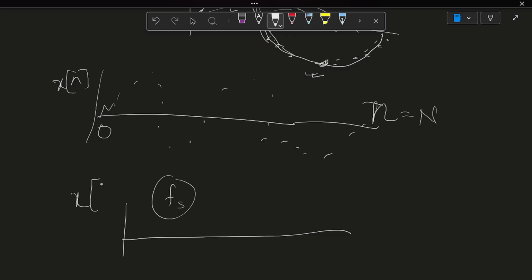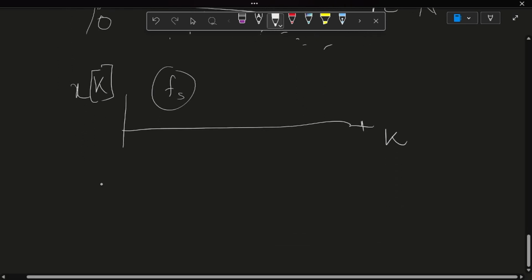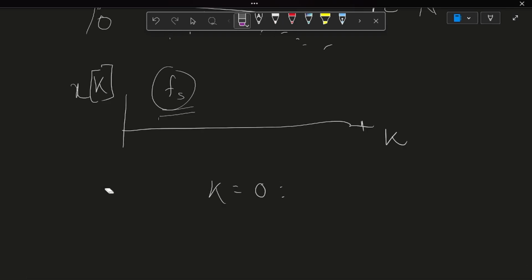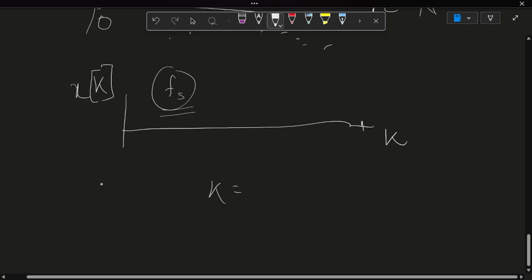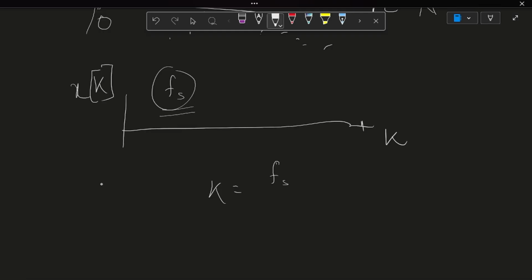When you are calculating X[k], what should be the limit of k? You will calculate k in the following way. You will start from 0, and you have a sampling frequency. To get the frequency numbers, you will multiply the sampling frequency by 2.